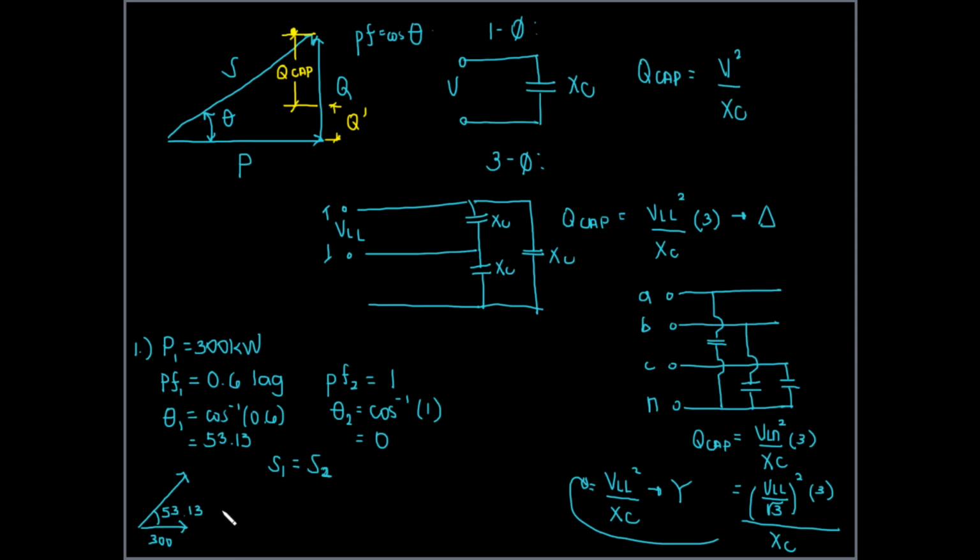So how does the triangle look like when the angle is 0? It doesn't look like a triangle anymore. It's just a straight line, right? So which means to say this one must close, so that the power angle will become 0.